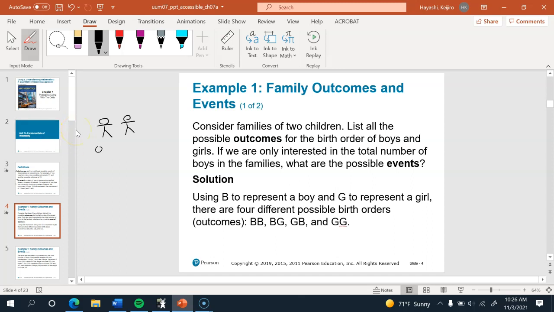The number of outcomes is going to be 4, just because the first one can be a boy, and the second one can be a boy as well. Right? So that's one outcome.